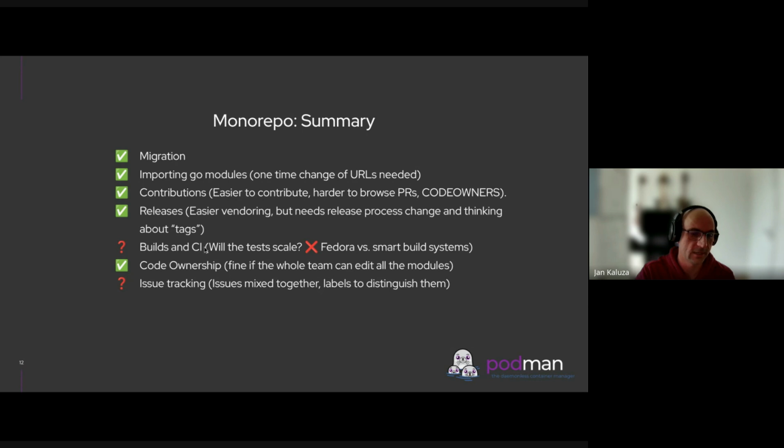But the builds and CI, that's where the fun begins, and what we will probably have to discuss in case we go to the MonoRepo, and what we will have to do some technical preview for, or a POC. And also the issue tracking, I don't have a clear opinion on that, because I'm not sure how the triaging happens in Podman yet.